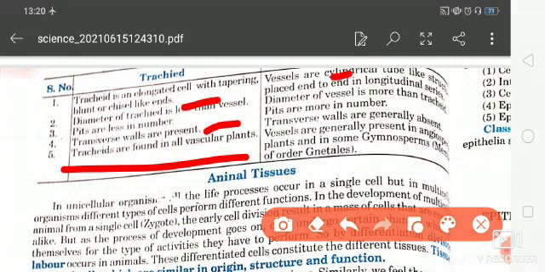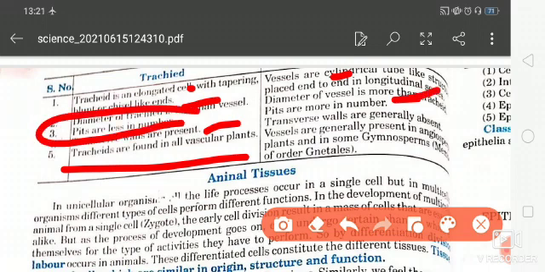Vessels are cylindrical tube-like structures, and tracheids are elongated cells. The diameter of a vessel is more than that of a tracheid. In vessels pits are more in number, and transverse walls are generally absent. Vessels are generally present in angiospermic plants and in some gymnosperms.